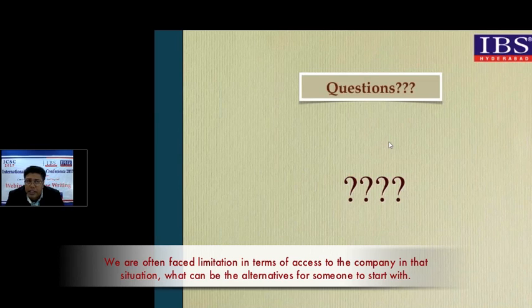You can always keep exploring, but at the same time, if you want to get started with writing a case, you can also use some secondary sources, write your first case, get comfortable, and then as you are exploring with other companies, you will at some point of time get some success, and then you can write a field research case as well.